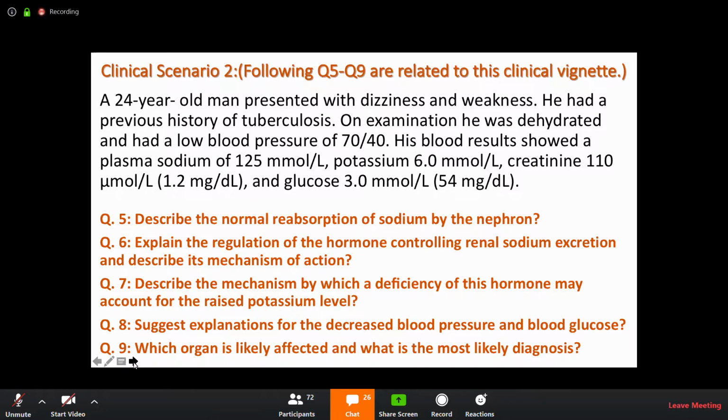When sodium is pumped in, potassium is pumped out because you're stimulating this pump. At the same time, you're allowing sodium to come in through the channel on the luminal side. So these are the two ways in which aldosterone brings about its mechanism of action in the distal nephron.